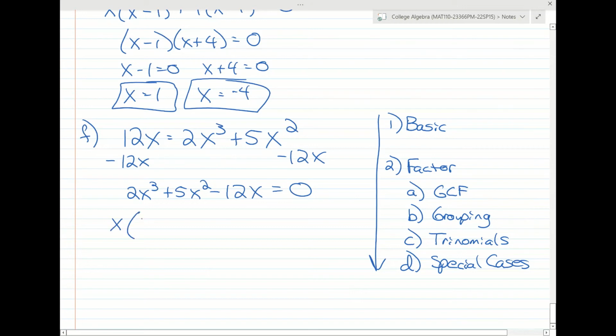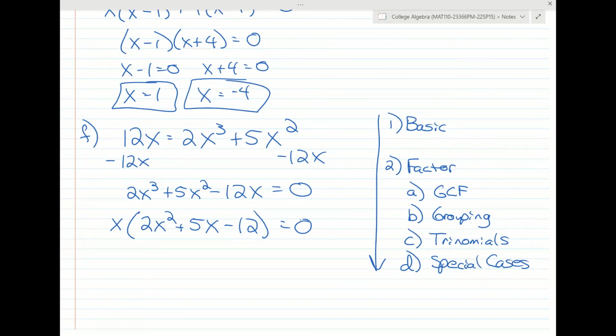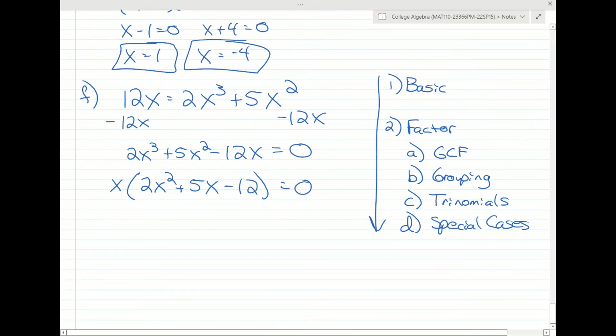So if we take an x out of the whole thing, now we set the factors equal to 0. That's what the rules are. So we're going to make x equal to 0, and we're going to say 2x squared plus 5x minus 12 equals 0.